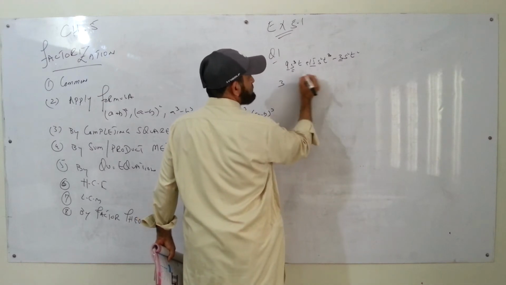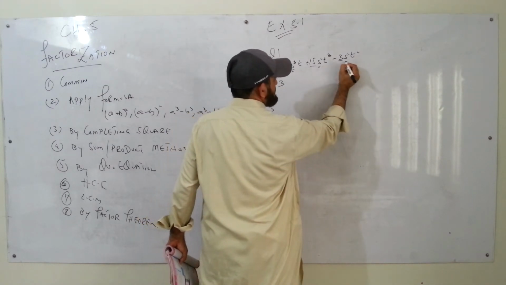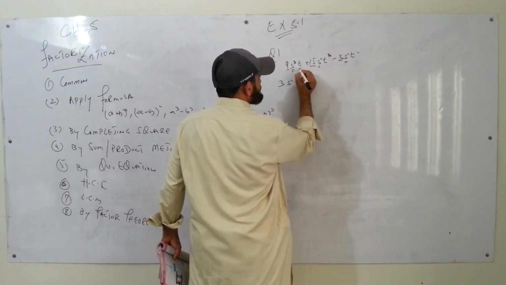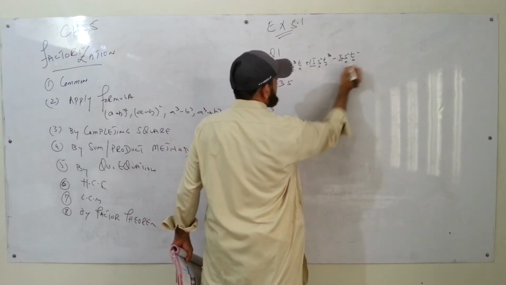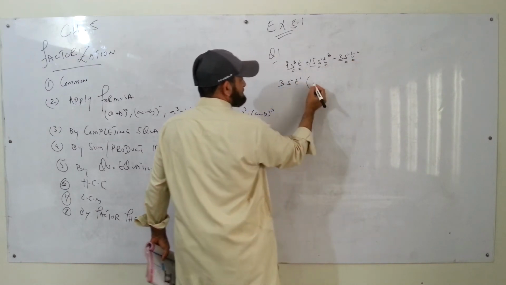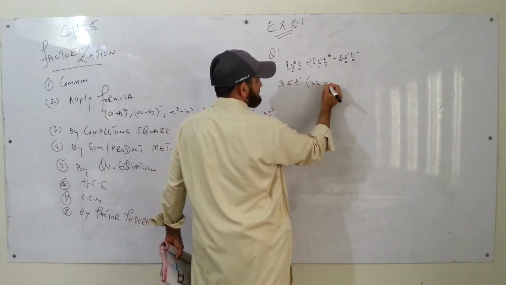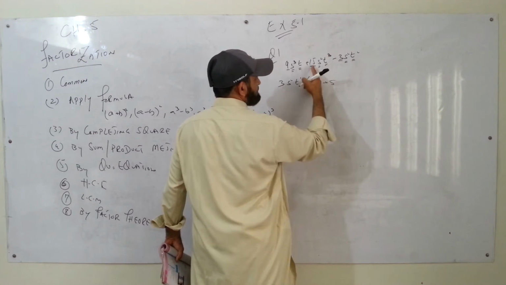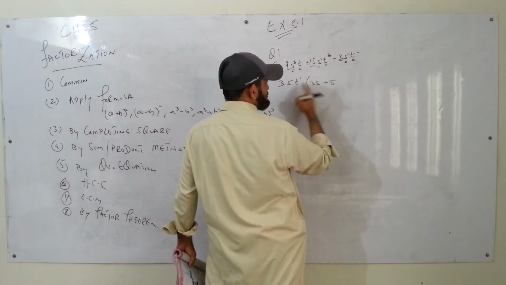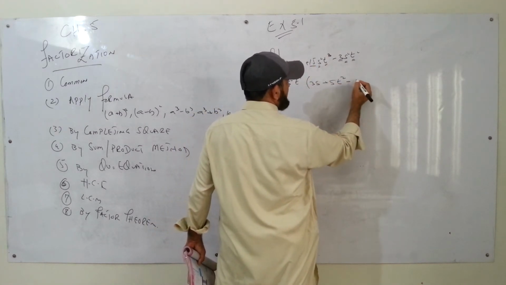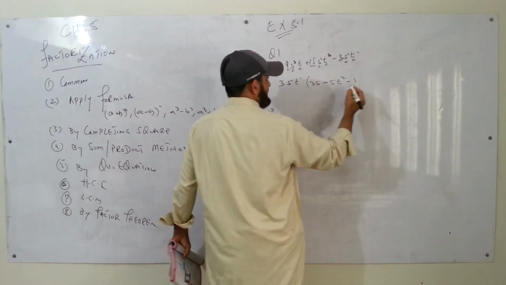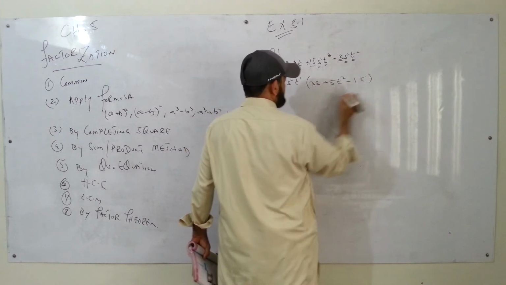S raised to power 2 is common, and t raised to power 1 is common. 3 times 9 gives 3, s^2 is common, t is common, so 3 is left. Then 5 times 15, s^2 and t are common. What is left? s^2 minus 3. So s^2 and t are common. We get the factorized form.